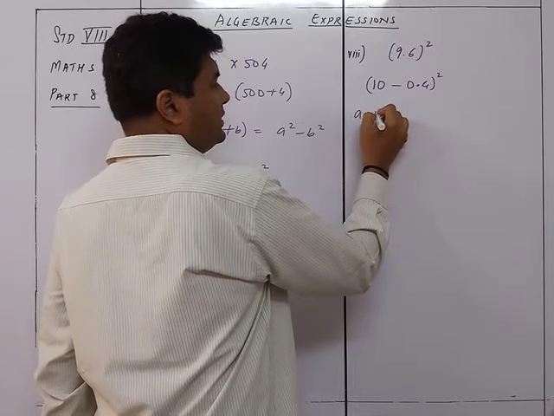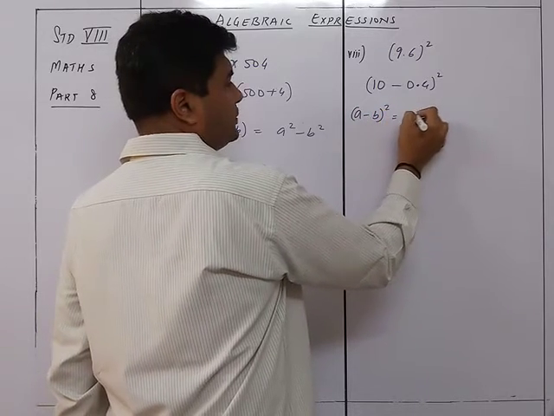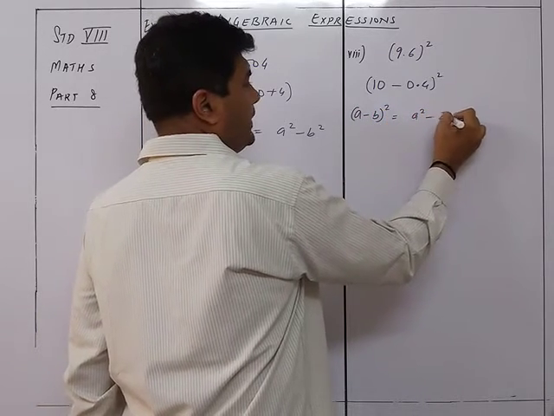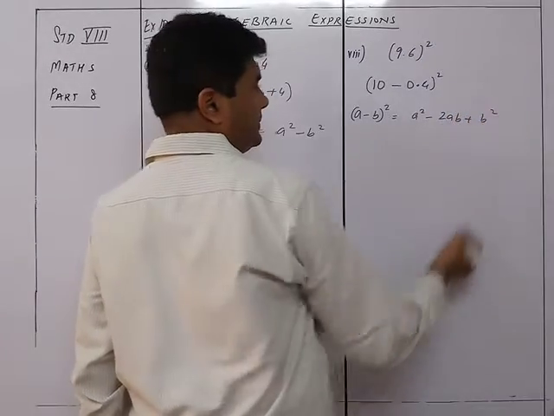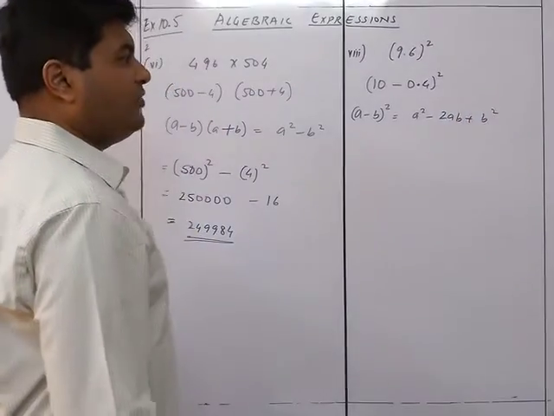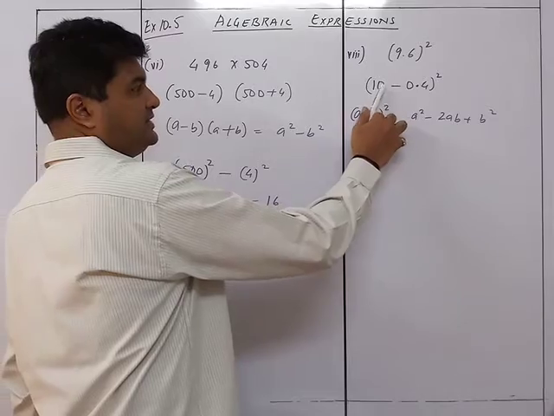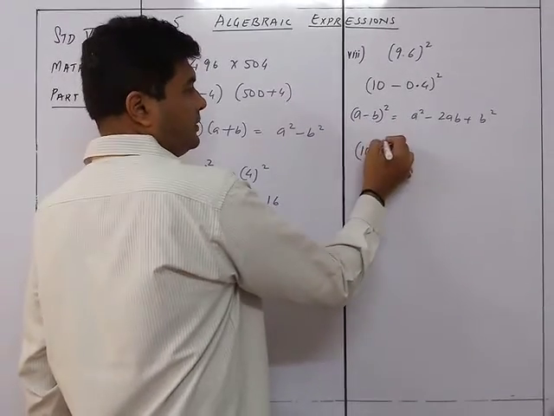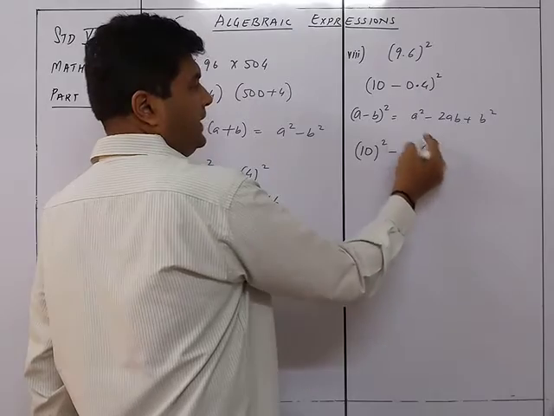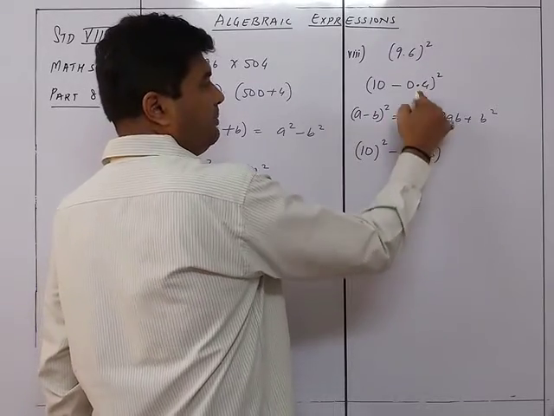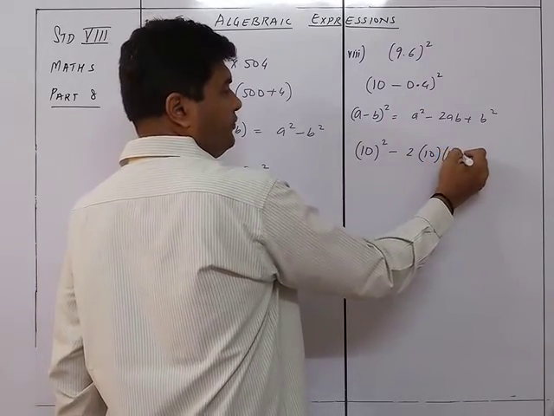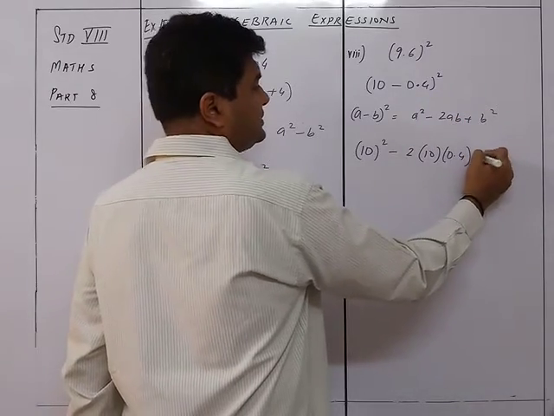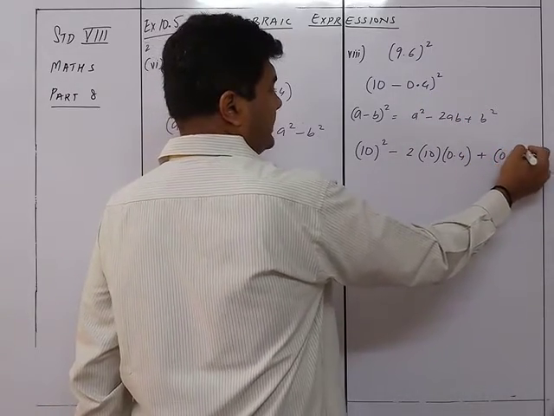So it is a minus b the whole square is equals to a square minus 2ab plus b square. What is the value of a? A is 10. So it is 10 the whole square minus 2 into a is 10. What is b? B is 0.4, plus b is 0.4 the whole square.